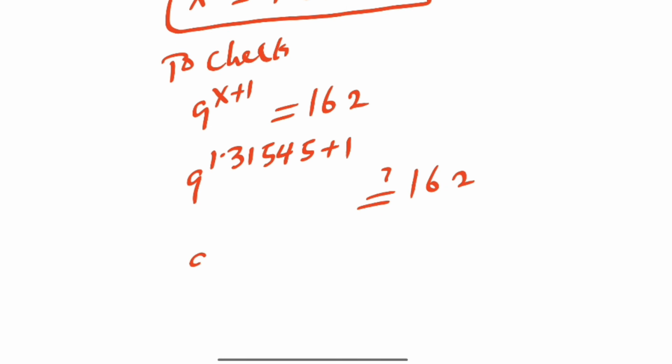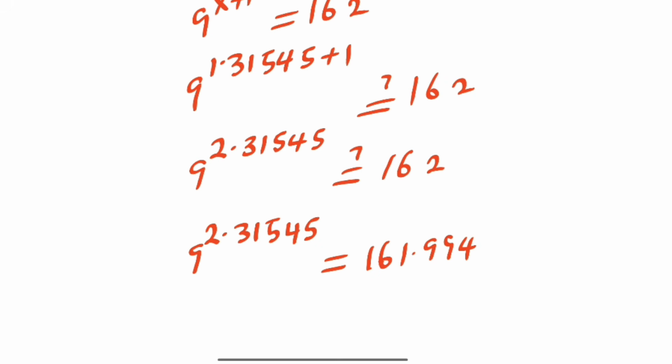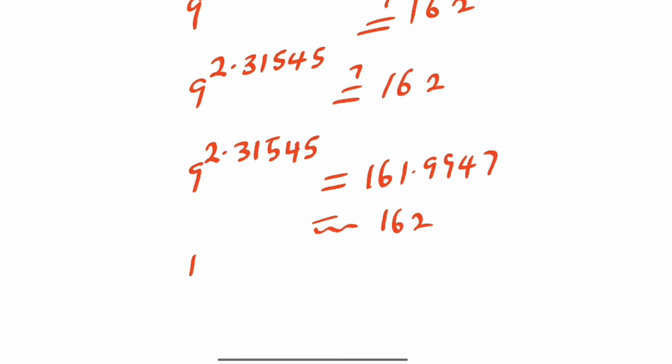This is 9 raised to power 2.31545 must be equal to 162. Then 9 raised to power 2.31545 is equal to 161.9947, which is approximately equal to 162. Therefore, the left hand side 162 is equal to the right hand side 162, which is true.